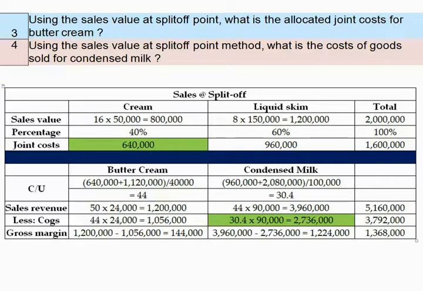Gross margin for cream will equal 1,200,000 minus 1,056,000 equals 144,000. Gross margin for condensed milk, 3,960,000 minus 2,736,000 equals 1,224,000, with total gross margin 1,368,000.